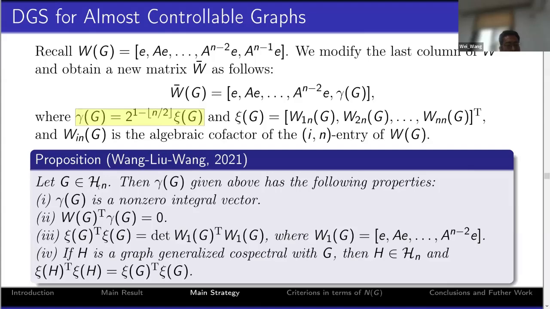Suppose G is an almost controllable graph, then gamma G has the following properties. The gamma G is a non-zero integral vector, and gamma G is in the null space of the transpose of WG. And we also have this equality. In particular, if H is another graph generalized co-spectral with G, then H is also almost controllable, and psi G and psi H have the same length.